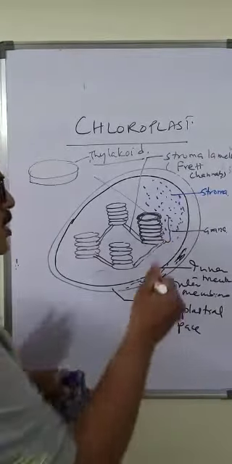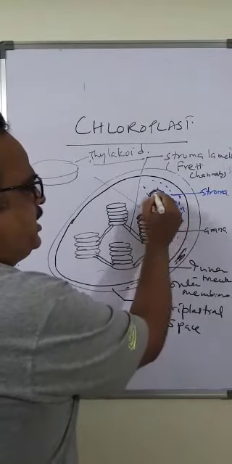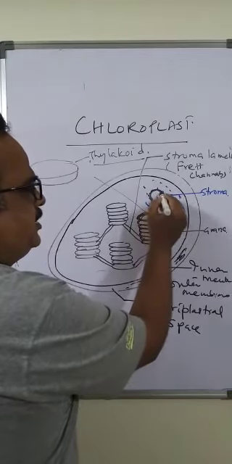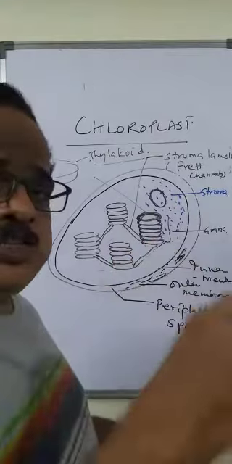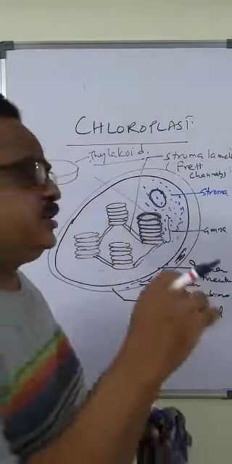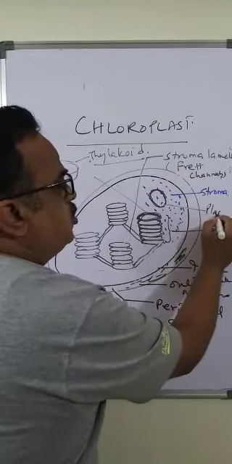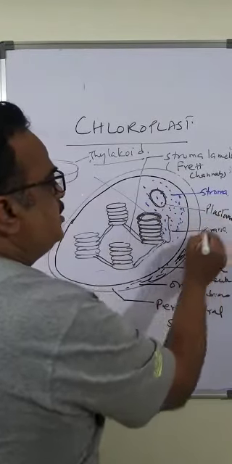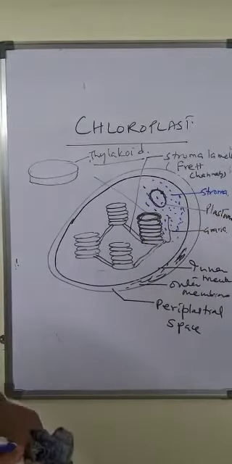Inside the stroma, circular DNA is present, and this circular genetic material present inside the chloroplast is known as plastome.